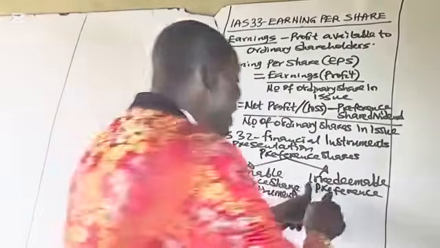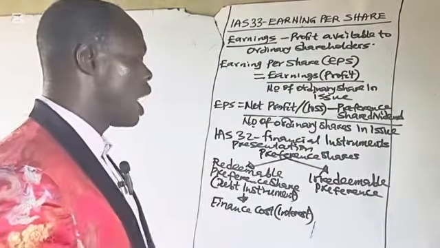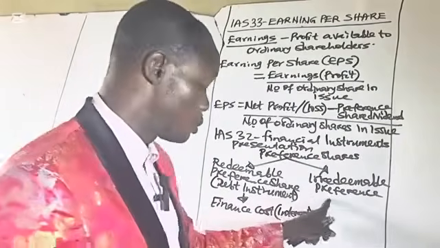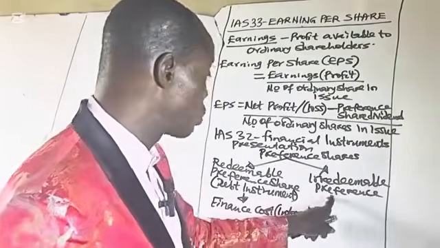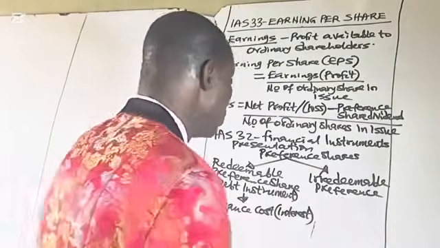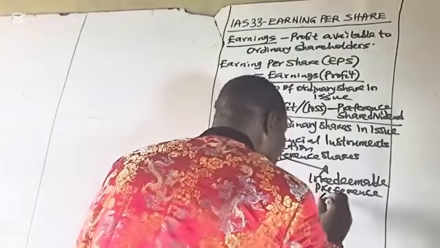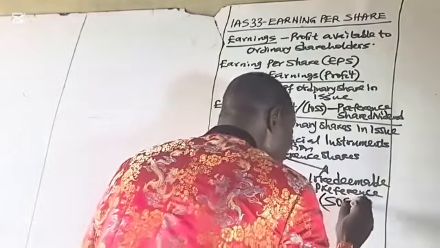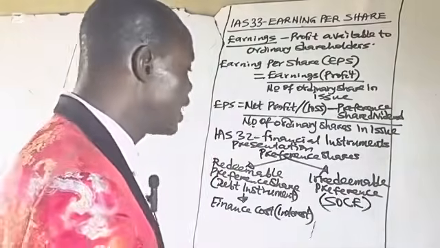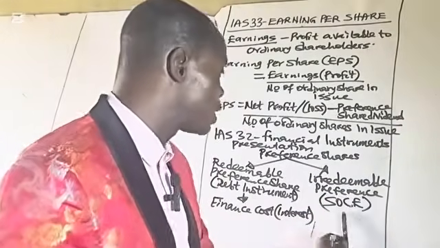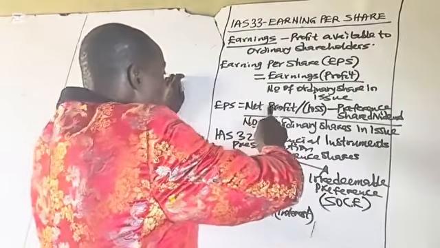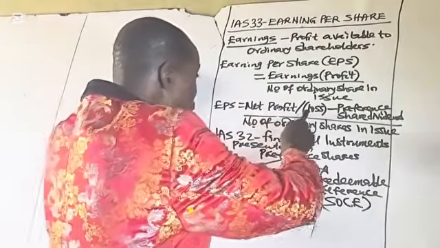But if it is irredeemable, an irredeemable preference share is an equity instrument. Since it is equity, the dividend due to irredeemable preference shares will be used in the statement of changes in equity. Since that dividend will be used in the statement of changes in equity, such dividend has not been deducted before arriving at the net profit or profit for the year.